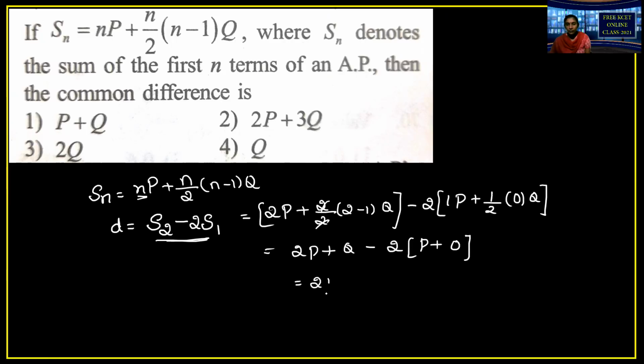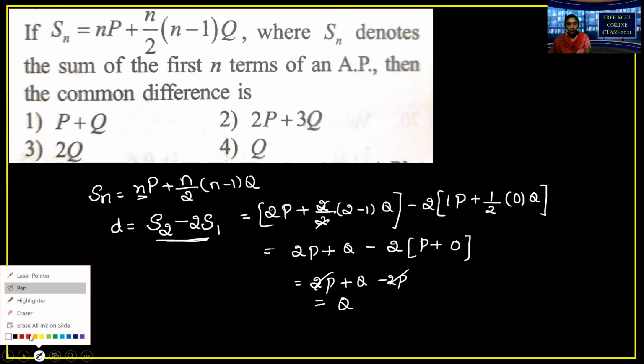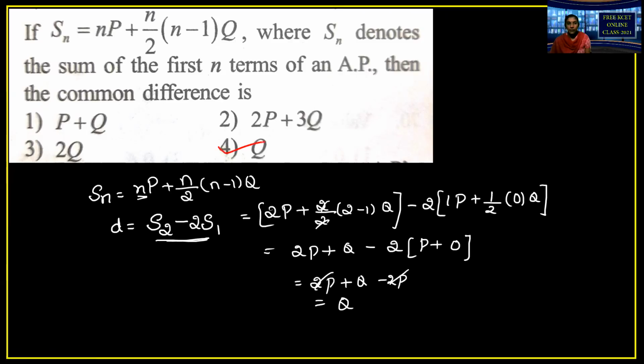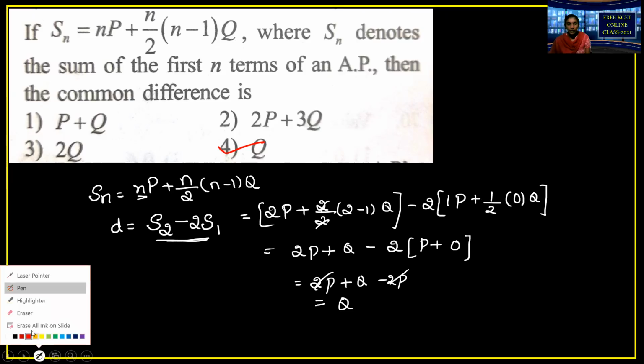So we remain with 2p plus q minus 2p. The 2p cancels, so the answer is q. Option 4 is the solution. Next question.